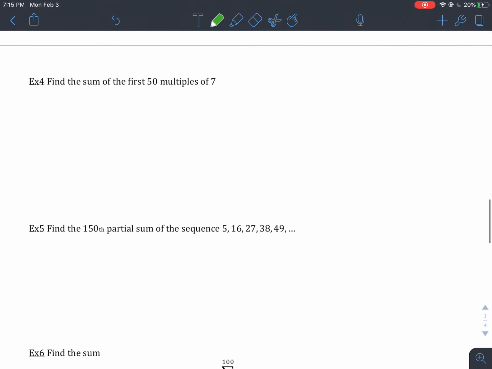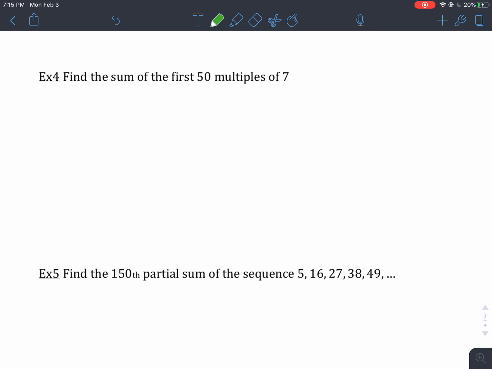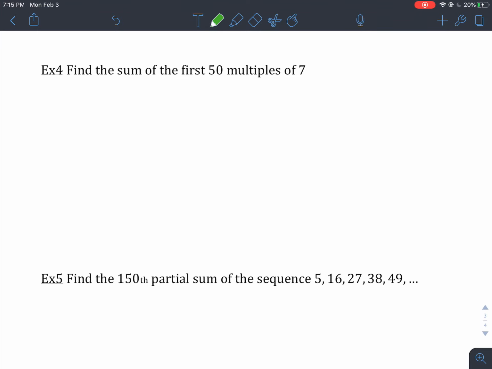So we're going to use this. Example 4: we're going to find the sum of the first 50 multiples of 7. Multiples of 7, we're adding another 7 each time. So when n is equal to 1, a sub n is 7. When n is 2, 14. When n is 3, 21.